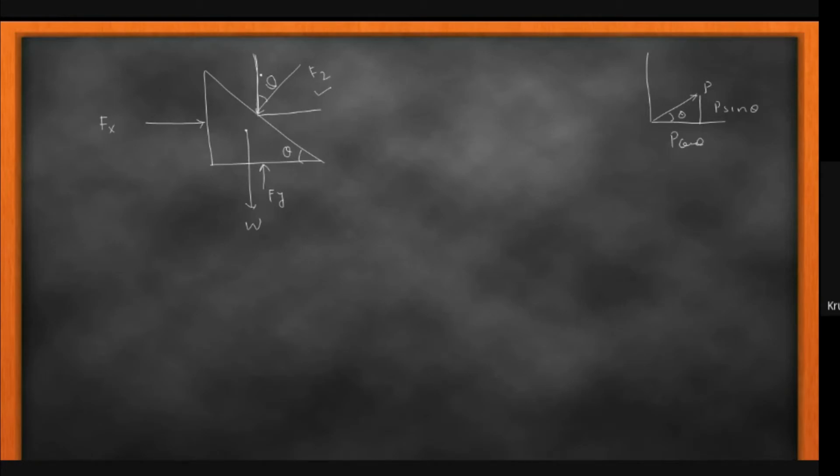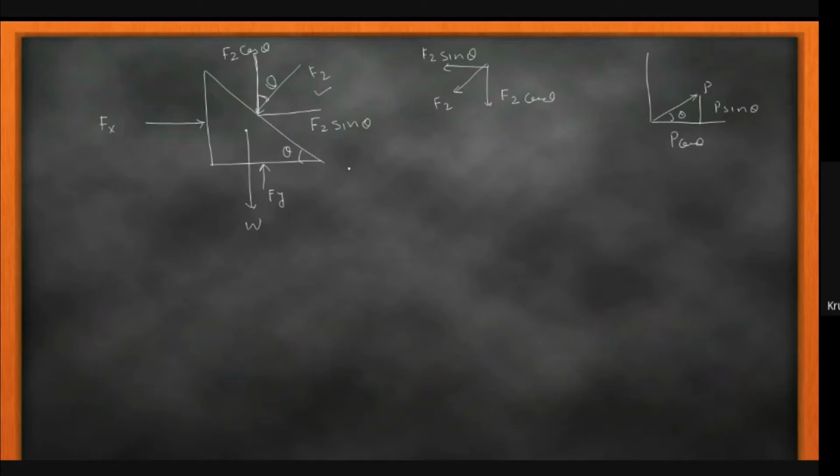It makes the angle with the vertical axis, and that's why it becomes Fz cos theta, because it is the adjacent side, and here it becomes Fz sin theta. So this horizontal component becomes Fz sin theta, and the vertical component becomes Fz cos theta.